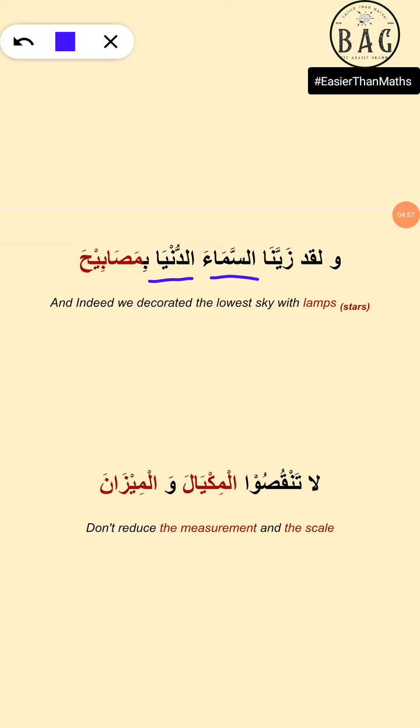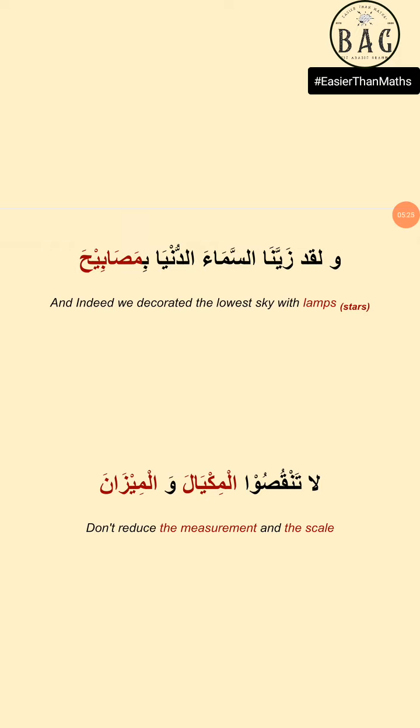So, we decorated the lowest sky with what? With masabiha. Now this is a pattern of mafa'ila, right? And mafa'ila was the jama mukassir of mif'alun.